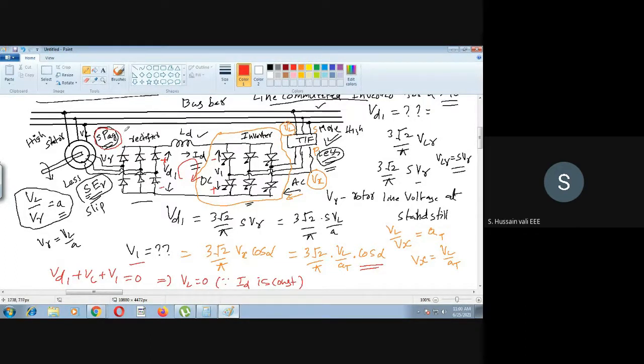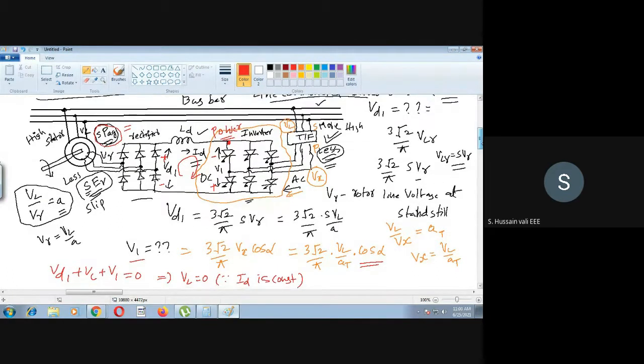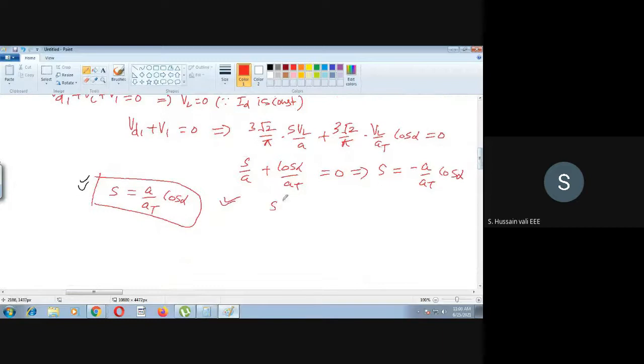So the power SAG is nothing but the power here, because all the elements present between this point and this point are ideal, so there is no power dissipation. Whatever the power here will be the same as this power. So I will write that the slip power is equal.